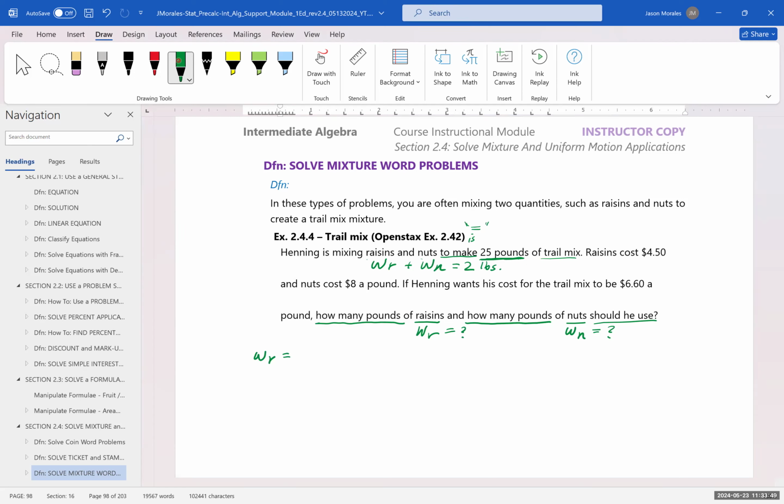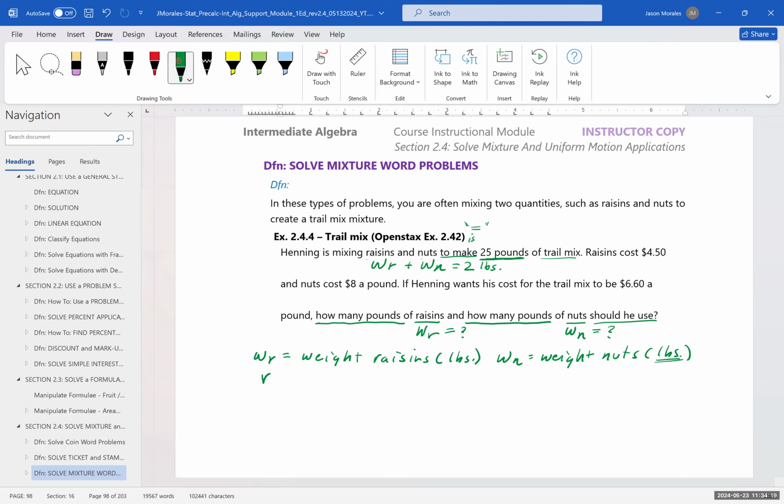W sub R stands for the weight of raisins, in pounds. And W sub N is the weight of nuts, also in pounds.